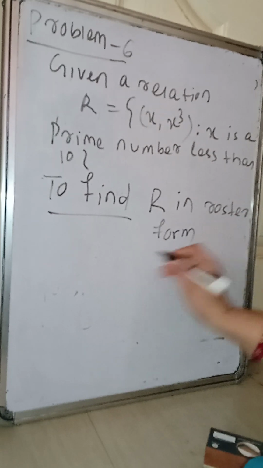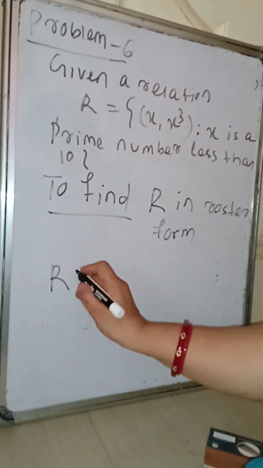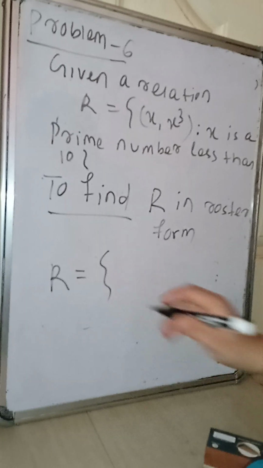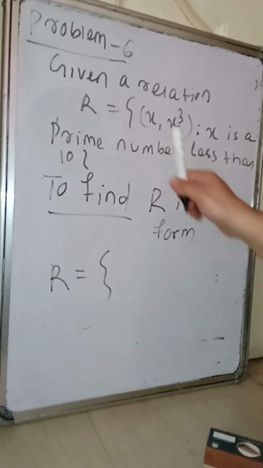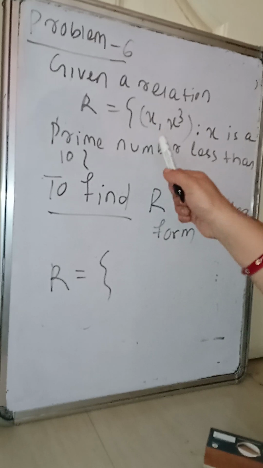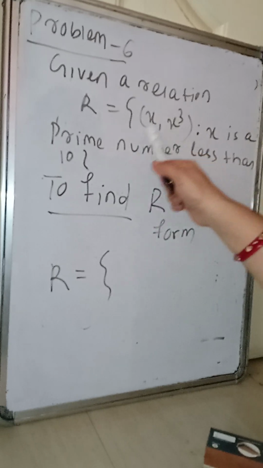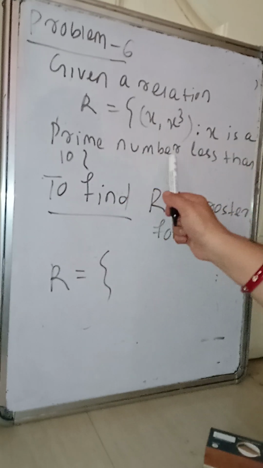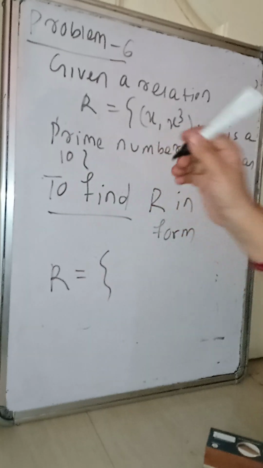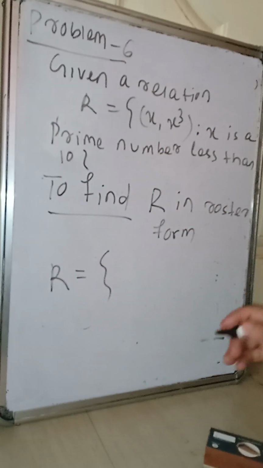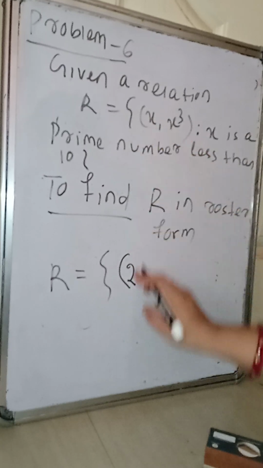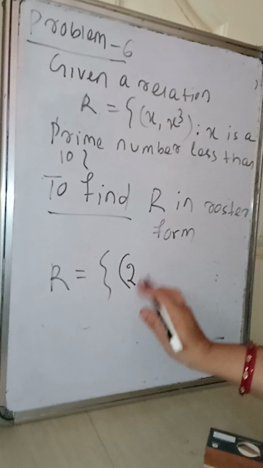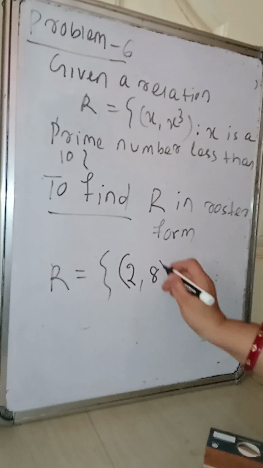So very easy. For R, individually you have to write all the ordered pairs. The first element belongs to the domain set, which is a prime number. It is given that x is a prime number and it is less than 10. So what is the first prime number less than 10? That is 2. If x is 2, what will be x cube? 2 cube is 8.